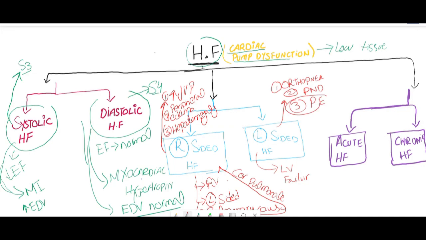The hallmark of left-sided heart failure is increased left ventricle end-diastolic pressure or volume. The acute heart failure patient is usually symptomatic, while the chronic heart failure patient is usually asymptomatic.